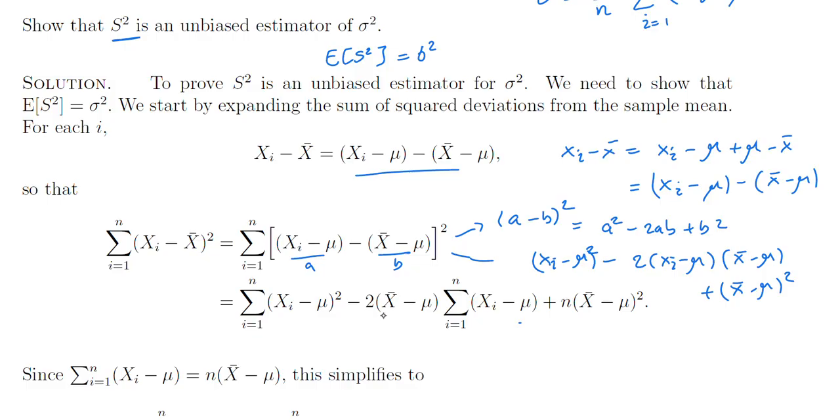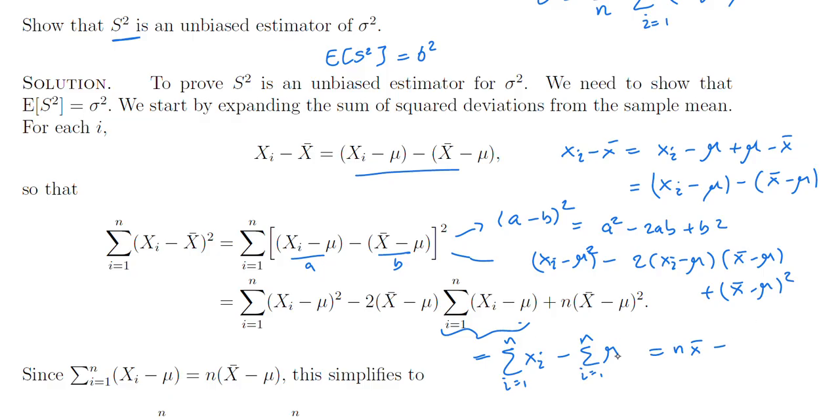Okay, now let's look at this guy. That, I can write down as the sum of xi minus the sum of mu, i equal 1 to n. When we add xi n times, it's the same as n times x bar, because x bar is 1 on n, the sum.